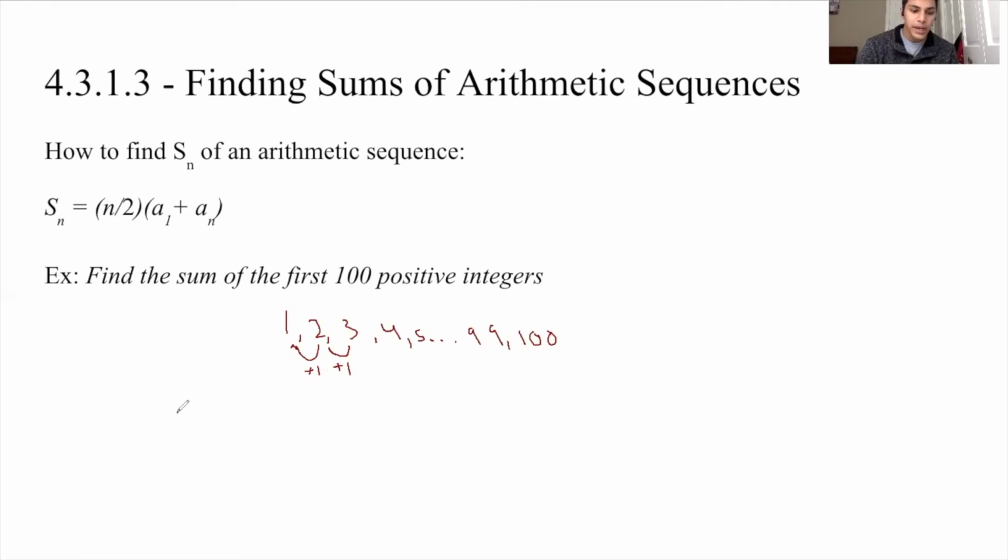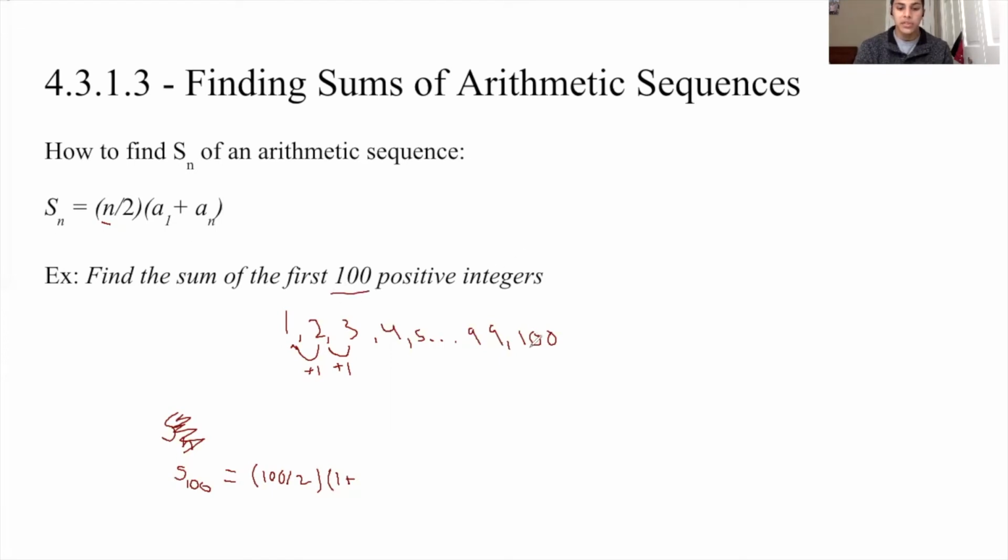All right, so let's write out our formula. So Sn, and I should cross this out and write S100 because we're trying to find the sum of the first 100 terms, equals n over 2, which is 100 over 2. And then times A1, which is the first term. So that's just 1 plus an. And an in this case is A100 because it's the 100th term, because we're trying to find the sum of the first 100 positive integers.